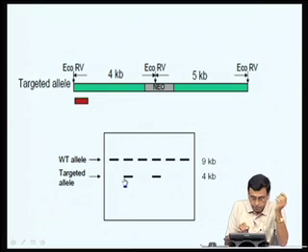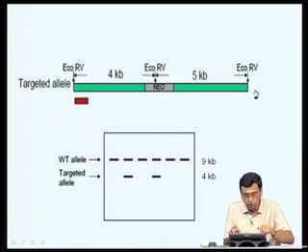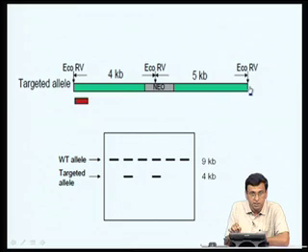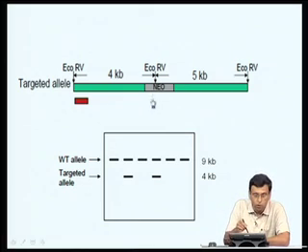Whereas if the disruption has not taken place, this EcoR5 site is not there. Therefore, 4 plus 5, there are only 2 EcoR1 sites, and this probe will hybridize to a 9 kb region, which means these are not the knockout, the recombination has not taken place. Whereas if recombination has taken place, because you are introducing an extra EcoR5, this probe will hybridize only to a 4 kb band.